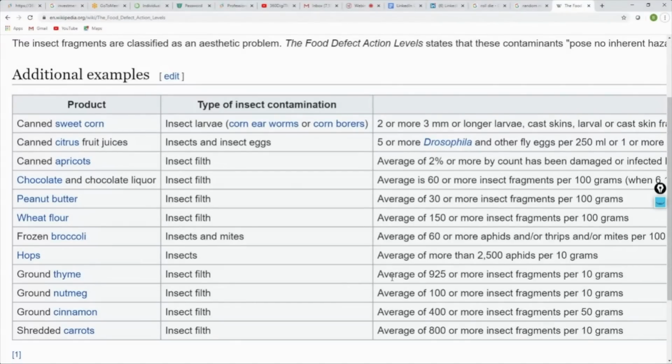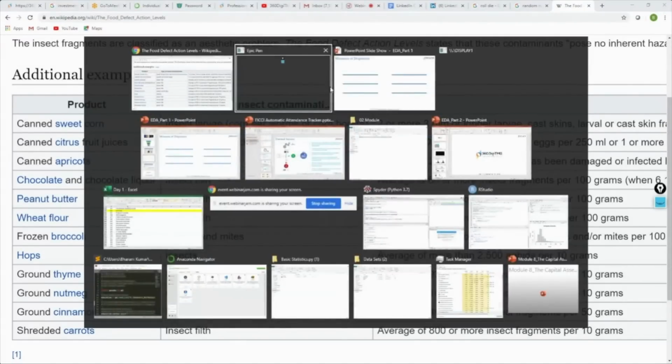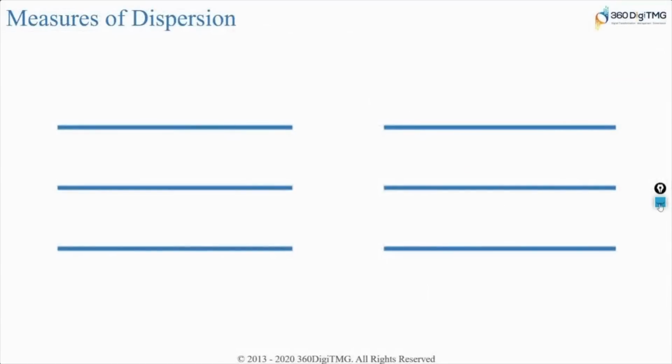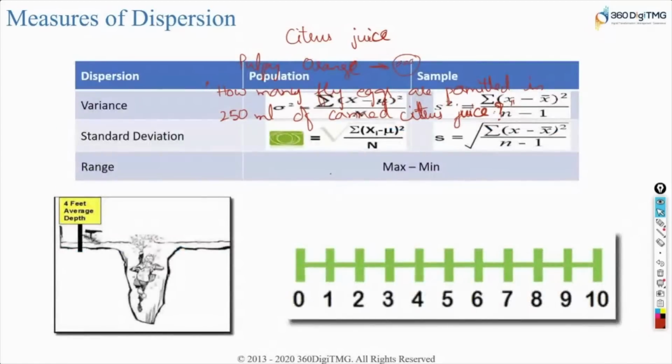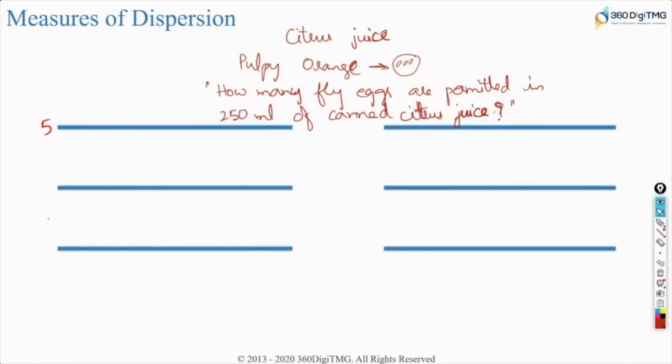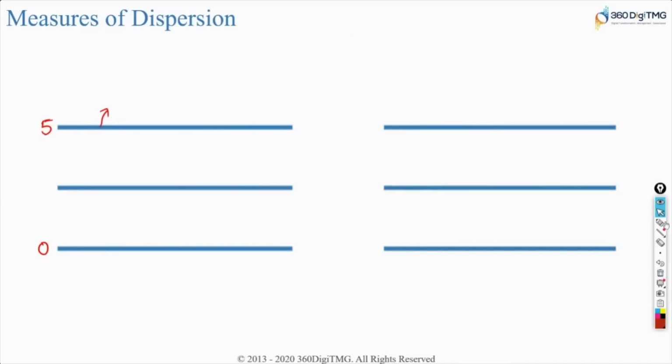That means if you have more than five, it is rejected. But if it is less than five, you can consume it. It is safe. No worries. So once again, this logic continues that you have five, zero. If any of your canned citrus juice has more than five fly eggs, it is rejected. As part of quality inspection, they do that.